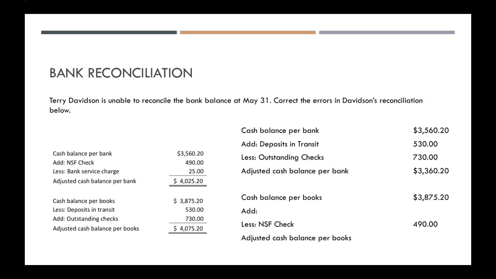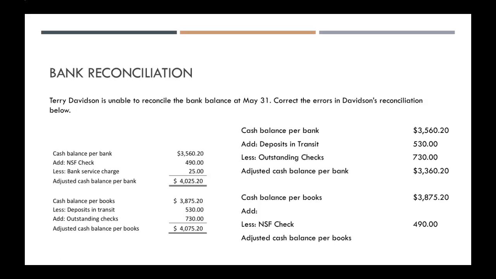NSF is not sufficient funds. So it's a check that someone else wrote to you, and that person did not have enough money to write you this check. So we have to now subtract this $490 check that we got off of our books, because we never actually got that money.